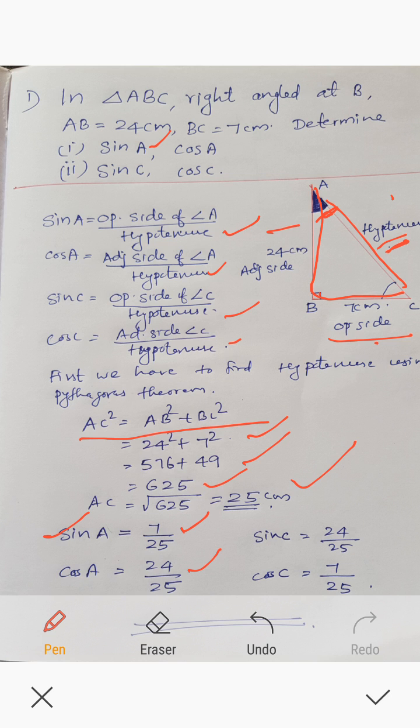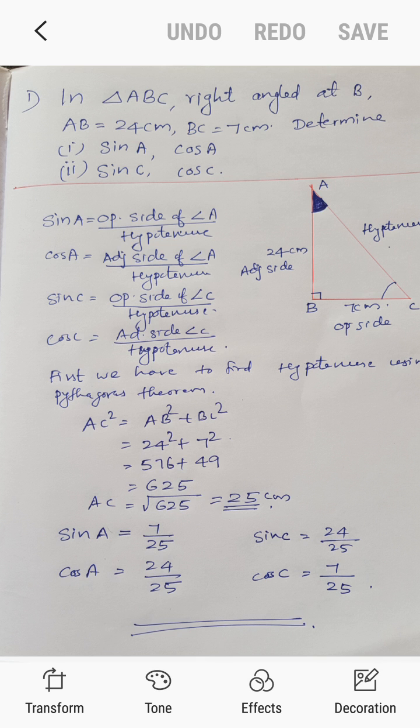Next ratio, sin C and cos C. We have to write sine ratio and cos ratio with respect to angle C, not for angle A but for angle C. Sine of angle C is opposite side of angle C by hypotenuse, that means 24 by 25. Then cos of angle C is adjacent side of angle C by hypotenuse, that is 7 by 25. Okay.